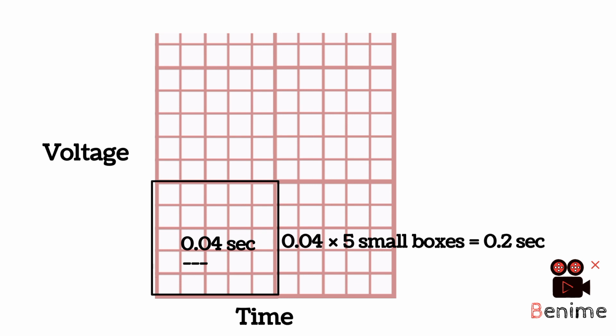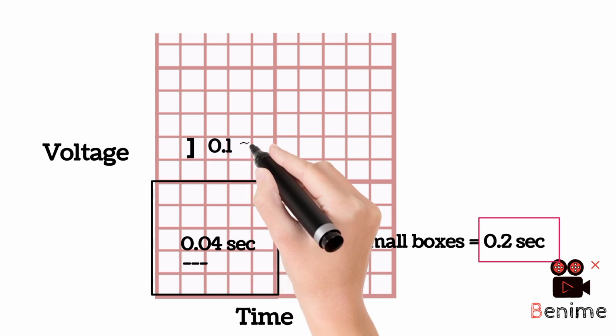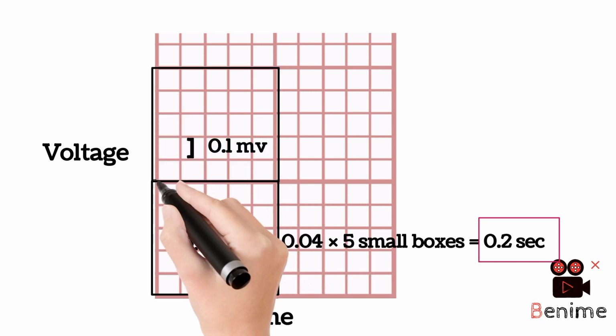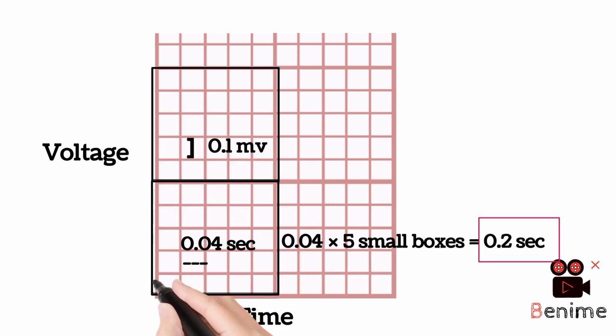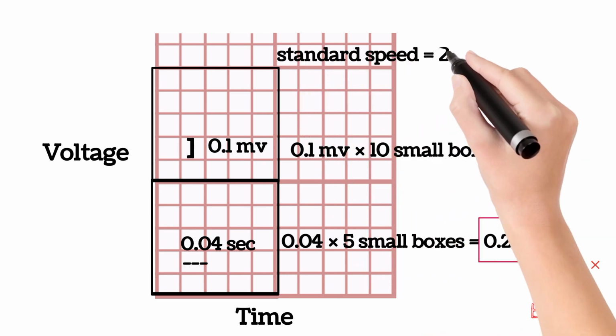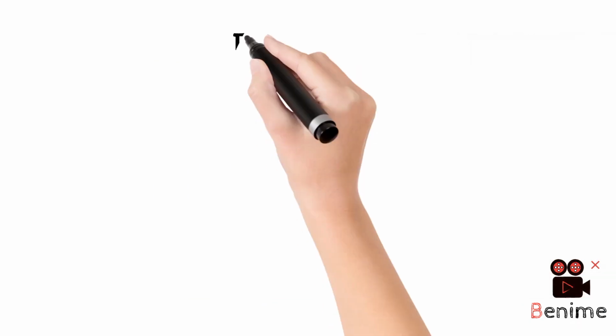This means that one big box equals 0.2 seconds. On the vertical axis one small box is 0.1 millivolt. By multiplying 0.1 millivolt with 10 small boxes, it would be 1 millivolt. The standard running speed of ECG paper is 25 millimeters per second. The speed varies in different hospital settings.